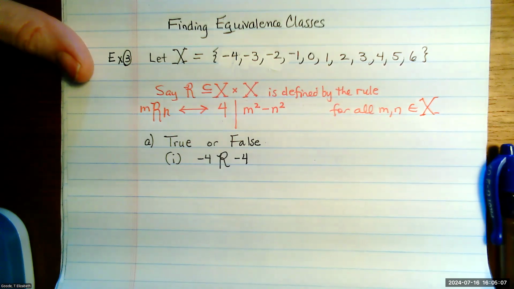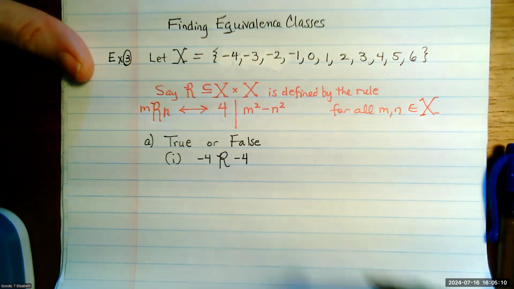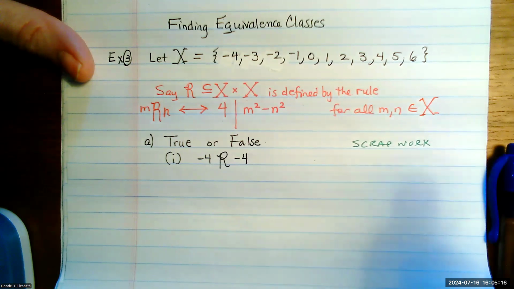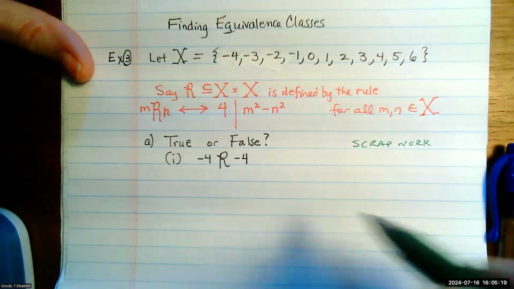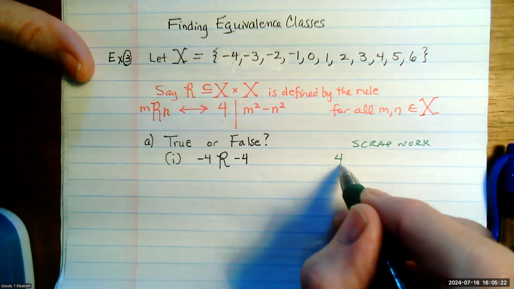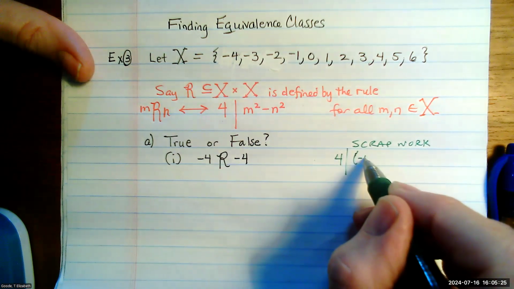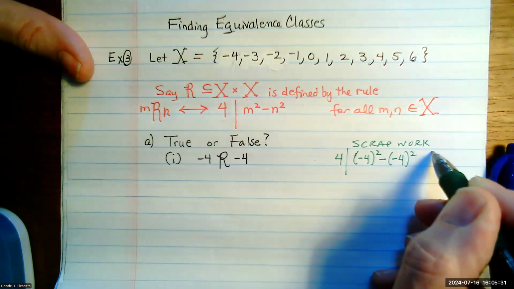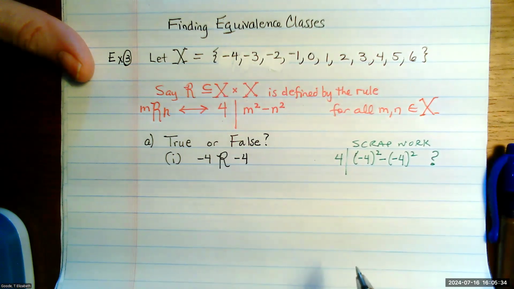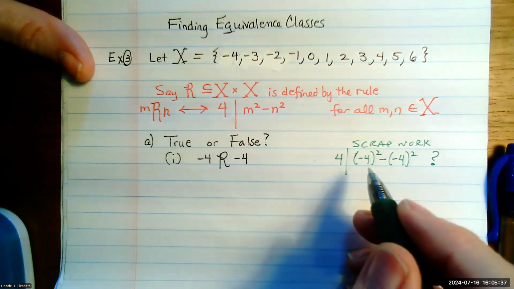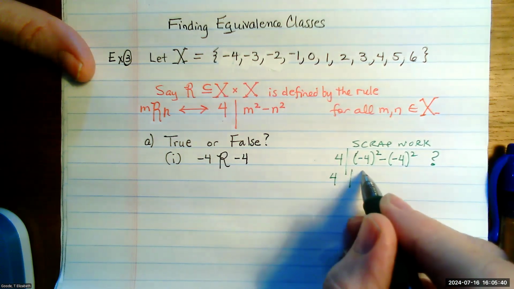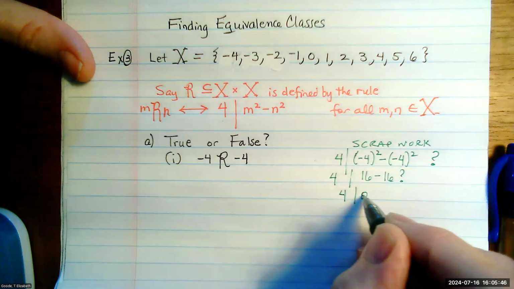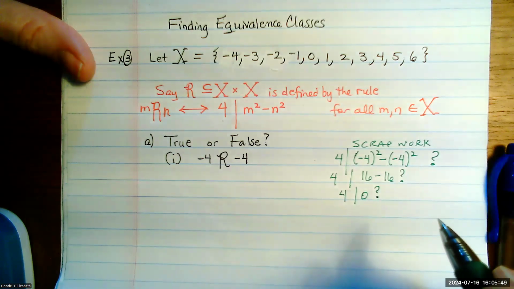All right, let's do our scrap work. We're asking, does 4 divide -4 squared minus -4 squared? What is negative 4 squared? 16. So does 4 divide 16 minus 16? That's really the question: does 4 divide 0? Yes.